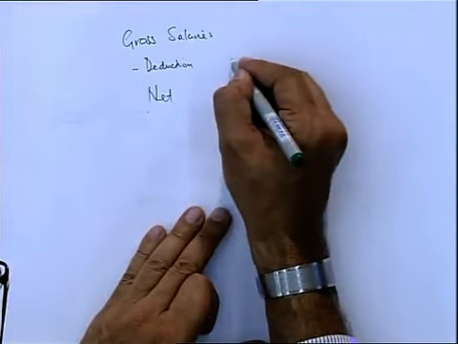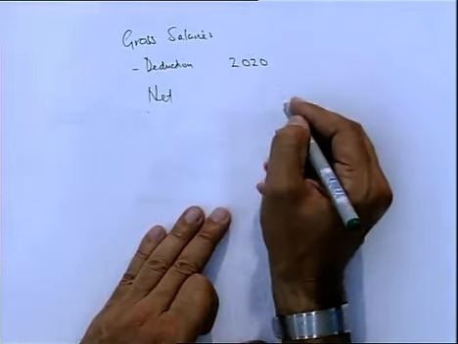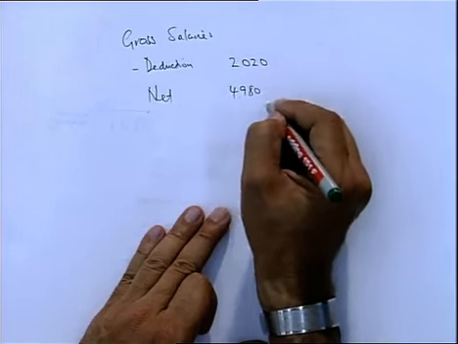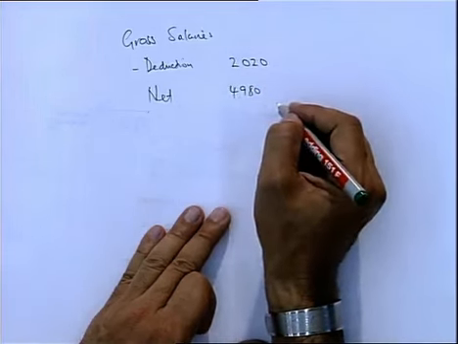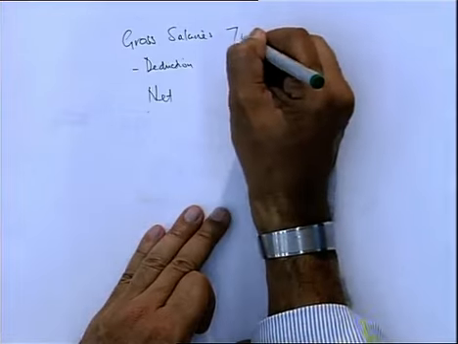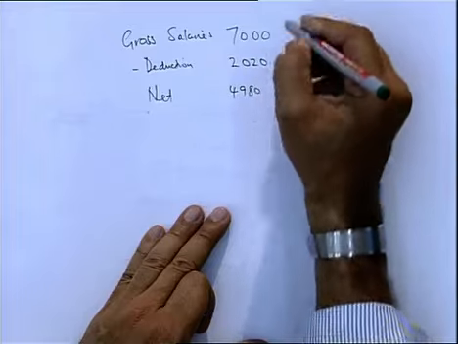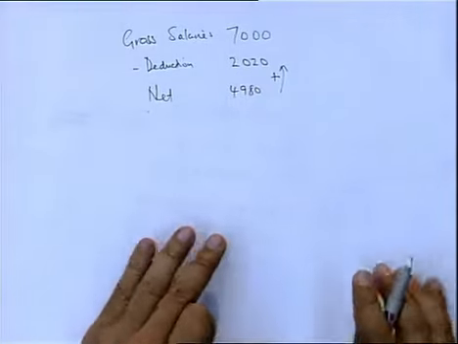The deductions is 2,020. 4,980 is my net. So the gross, I'm working up. So I have to add. The gross will be 7,000.